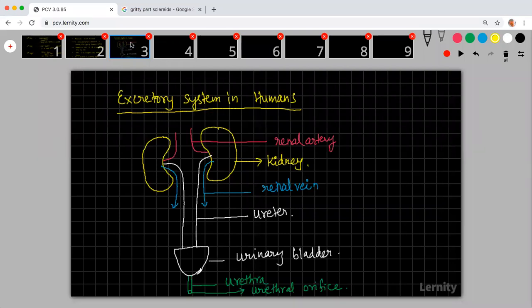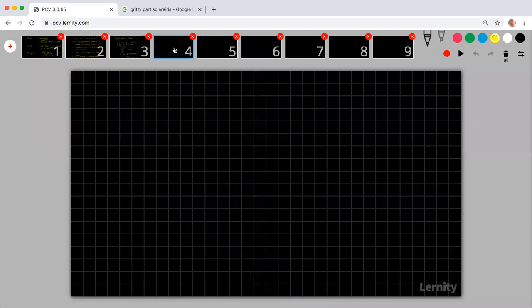Okay, so now we'll start with the thing. So now we'll try to understand what is happening here.